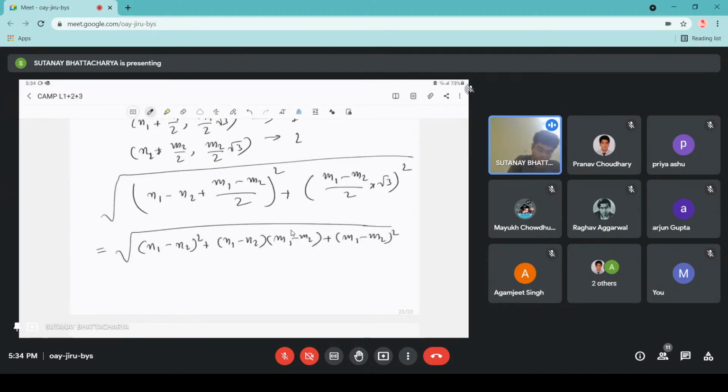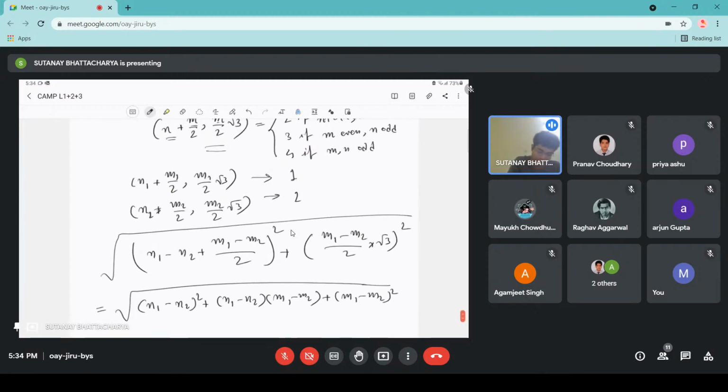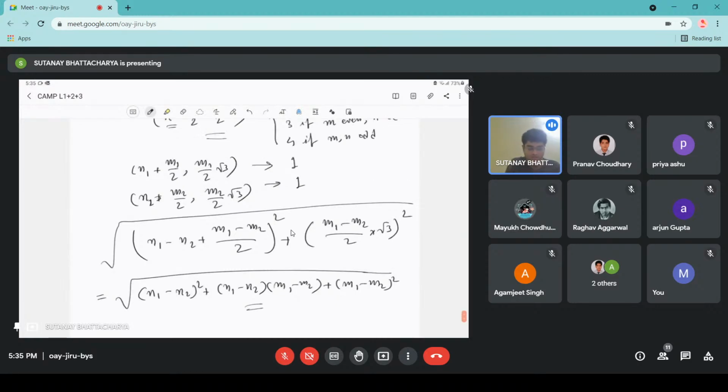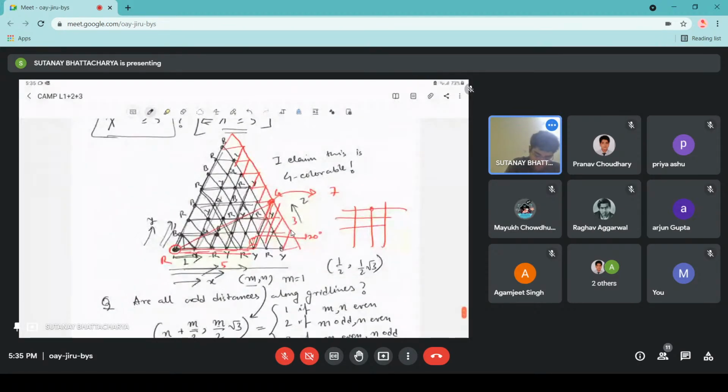So we assumed these are both of color 1, which means m1, n1, m2, n2 are all even, and if you use that in here, you will find that the thing inside is an even integer. So if at all the actual distance is an integer, it has to be even. So that proves that this coloring does indeed work and even takes care of weird non-grid line distances like this one.